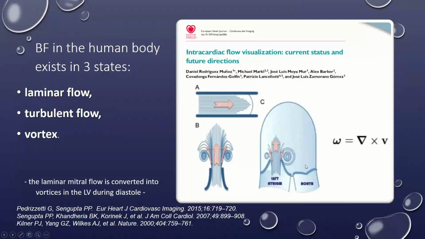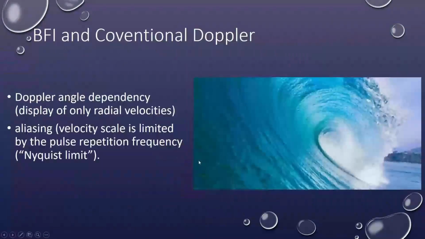It's a way that nature uses to preserve kinetic energy and to reduce pressure. Unfortunately, with conventional echo technique, we cannot study vortex formation because Doppler, as we all know, is an angle-dependent technique and also is limited by aliasing velocity. So the velocity scale is limited by the pulse repetition frequency, the Nyquist limit.